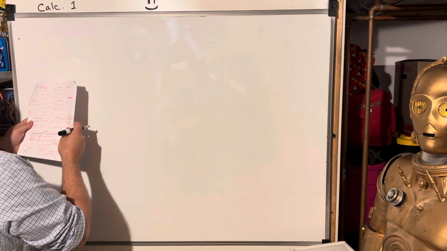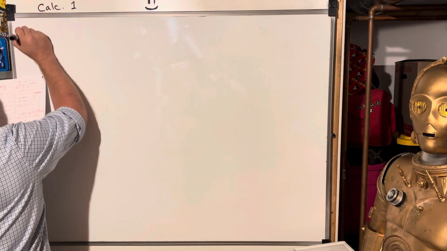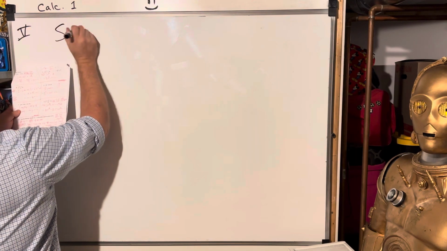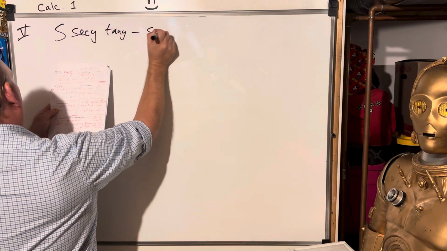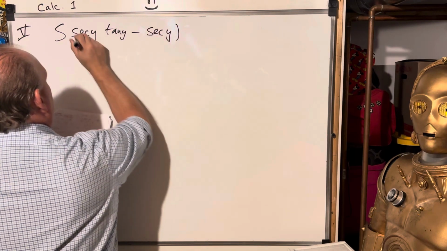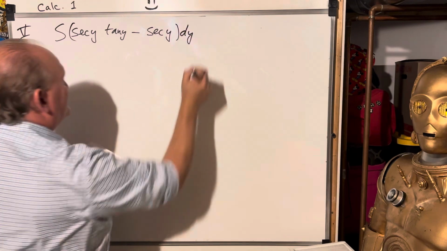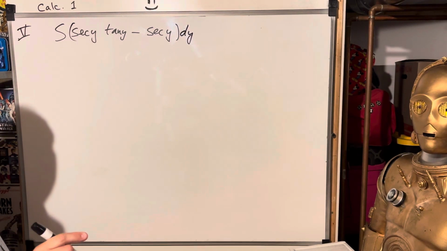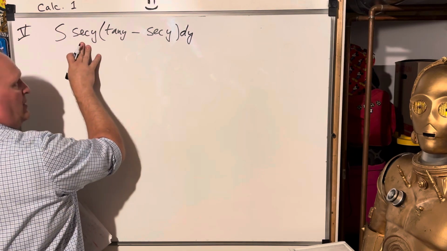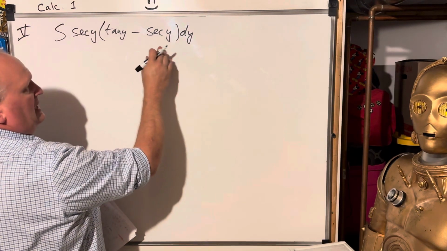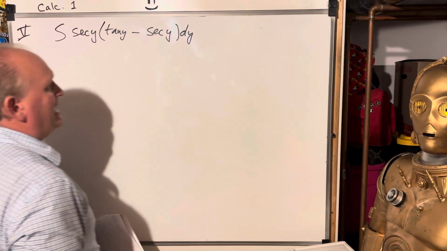So, number 5, we've got the integral of secant y tangent y minus secant y dy. Now, sometimes it's worth it to take these and make that 1 over cosine, make that sine over cosine, and make that 1 over cosine. This is not one of those times.